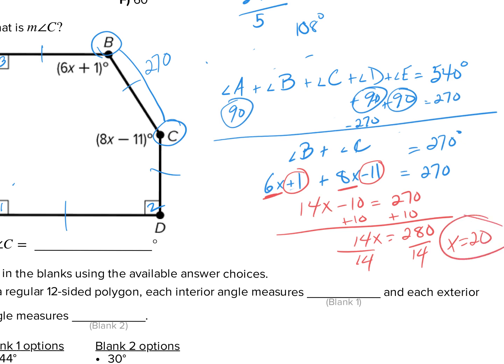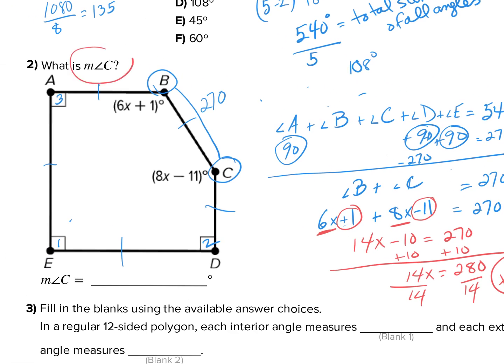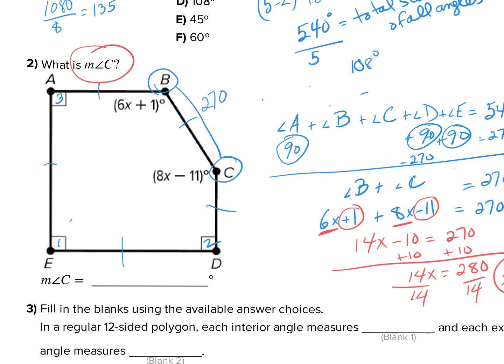Okay, now here's the thing, we are not done, because the question asks us for the measure of angle C. What we found was the value of x, which is 20. So I'm going to substitute in my value of x, which is 20. Oops, sorry, it's not equal signs. So I'm going to do 8 times 20, which is 160.